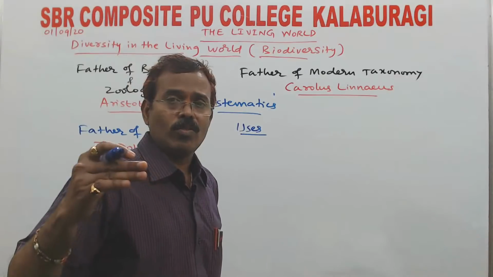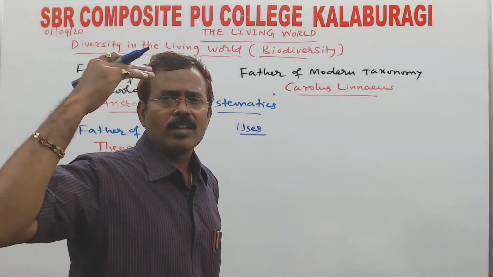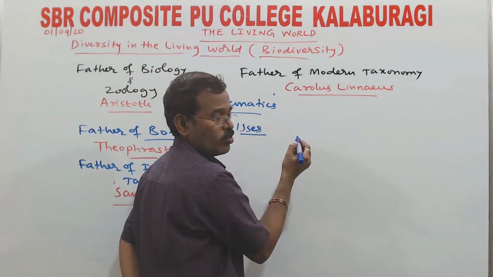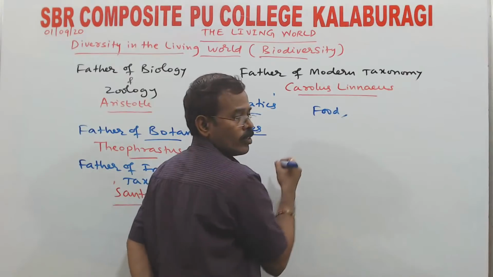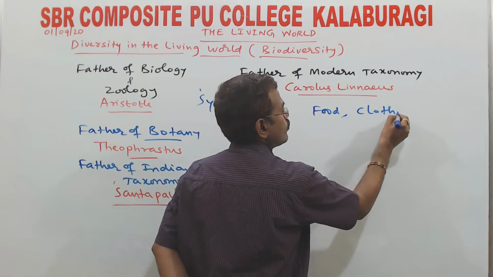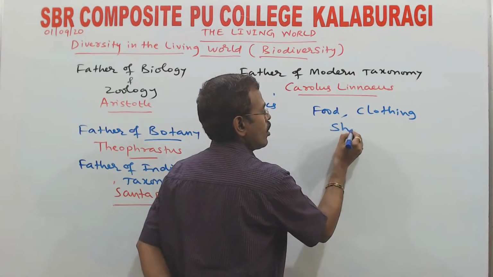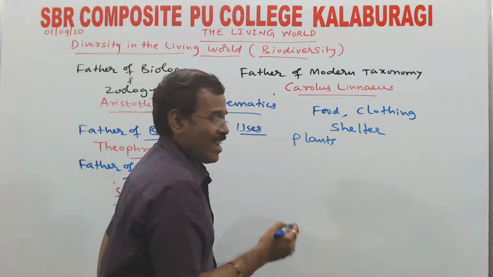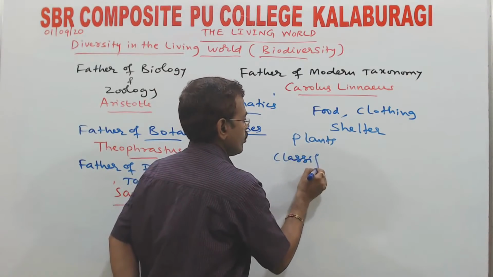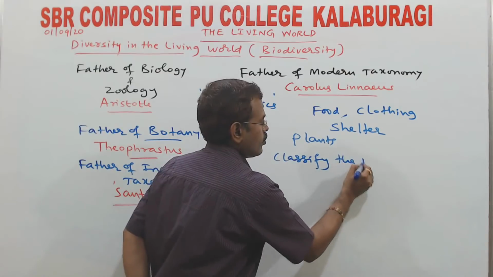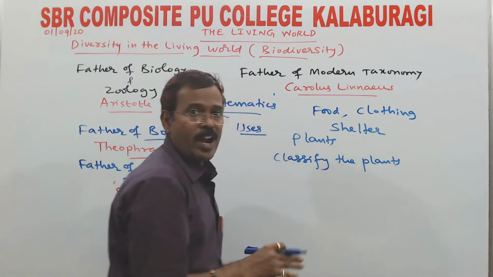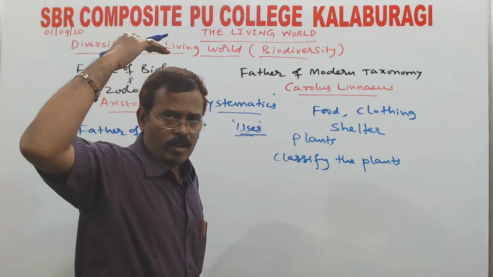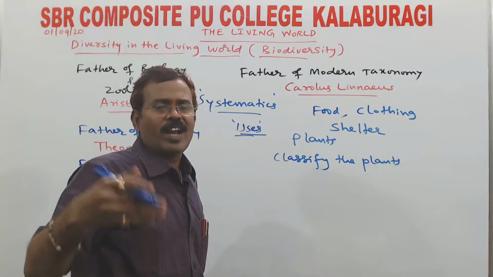In the olden days, several thousand years back, we used to get food, clothing and shelter mainly from plants, and we used to classify the plants based on the uses.